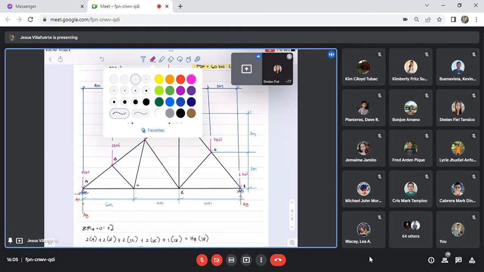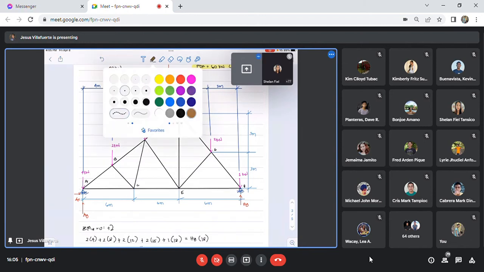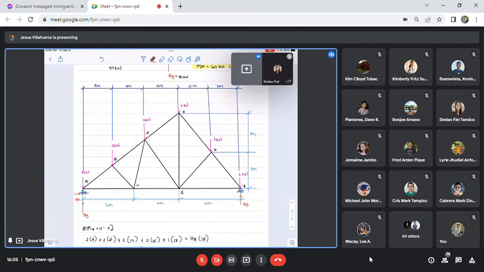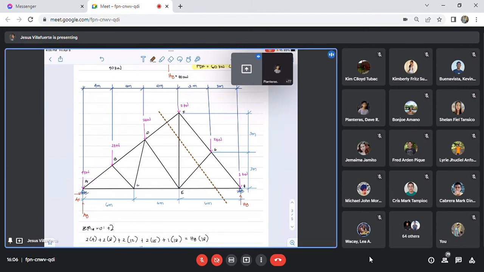So asa man ta mukat sa atong DF? Diagonal, sir. Vertical na, sir. Pwede. Actually, pwede sa ginana nga cut.